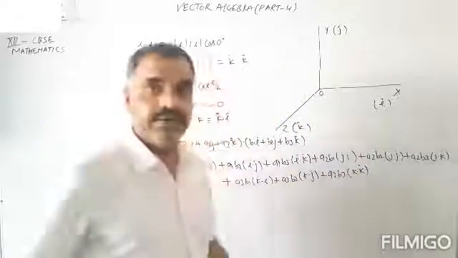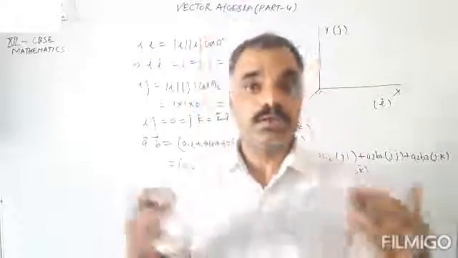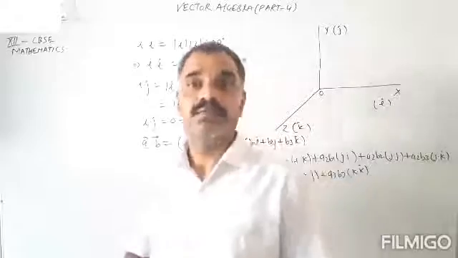We are finding the dot product between two vectors, a vector and b vector.